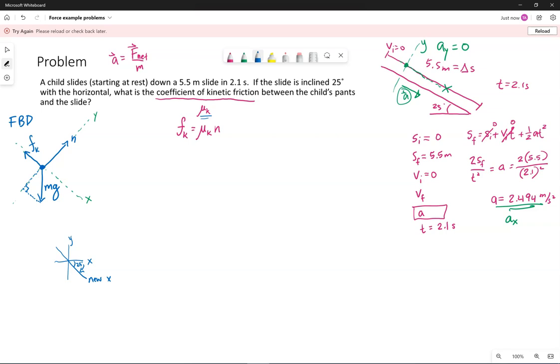That means the y-axis rotated by 25 degrees to get our new y-axis. So in my free body diagram, the angle between mg that I've drawn, the force, and that y component is 25 degrees. That's always the case when we rotate our coordinate system. So this side will be mg cosine 25. This side will be mg sine 25.